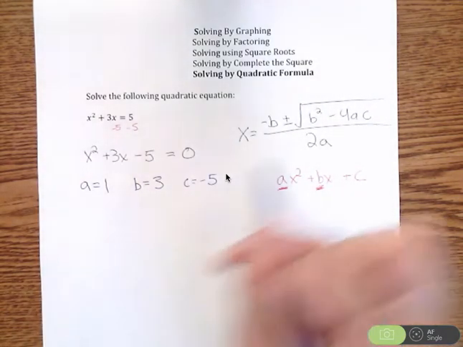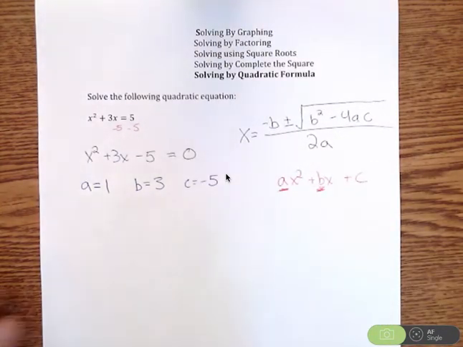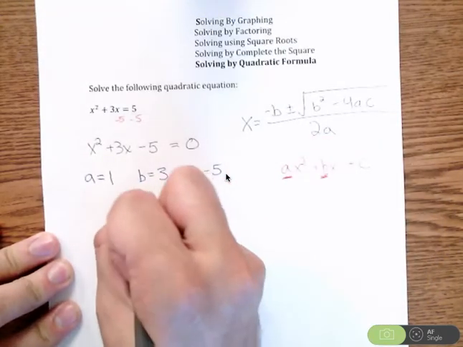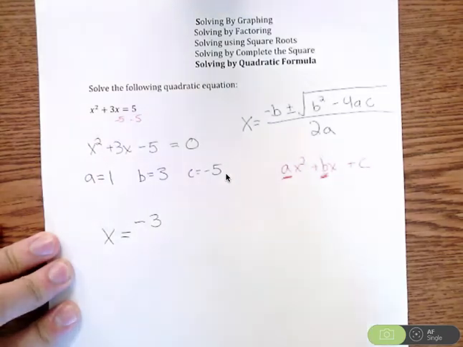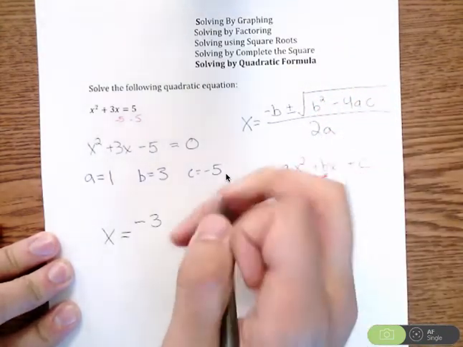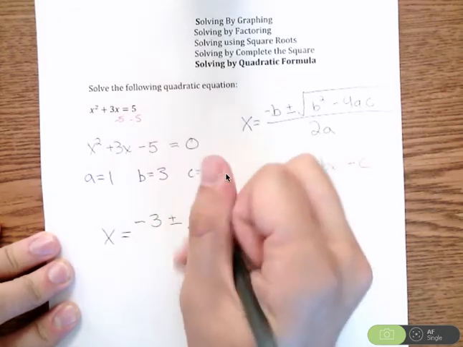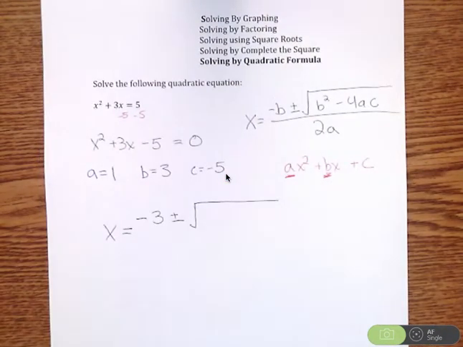So I'm going to work through this and plug all of these different pieces into my quadratic formula. So I'm going to have x equals, I need my negative, and then plug in b. I need my plus or minus next. And then the square root, I'm going to do b squared minus 4ac.